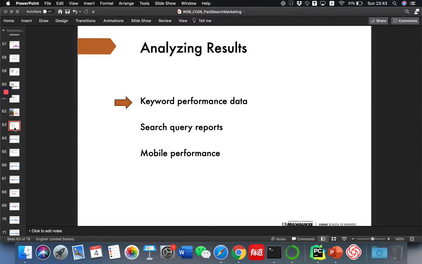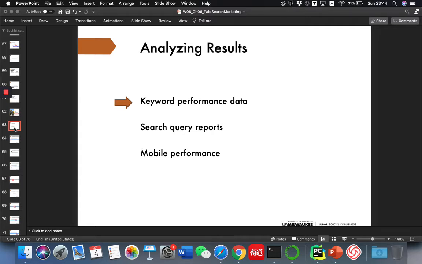We'll keep focus on keyword performance data, but after all the calculation, we can construct some search query reports, and also we can evaluate the performance from different types of devices like mobile, laptop, or desktop.